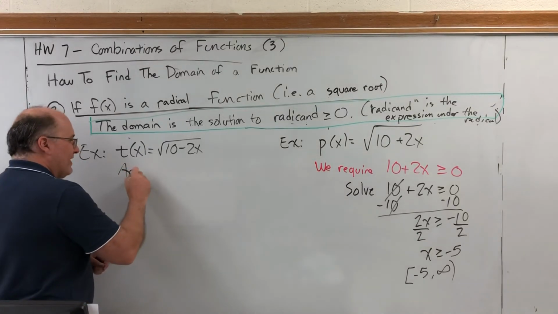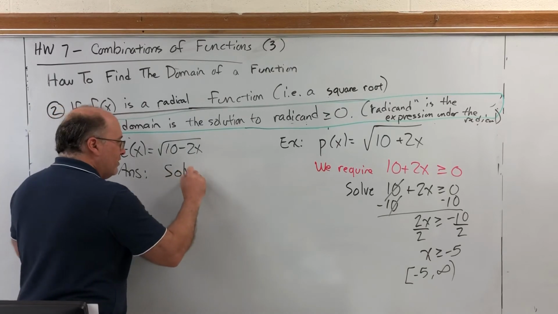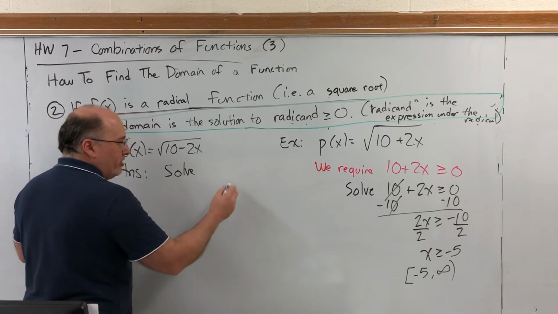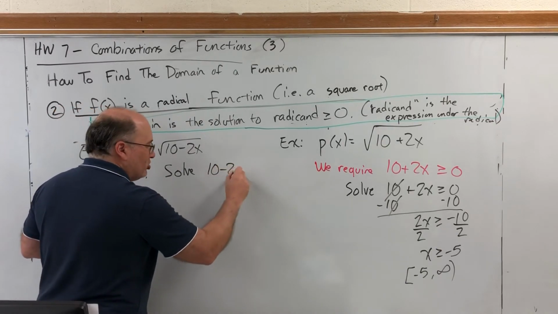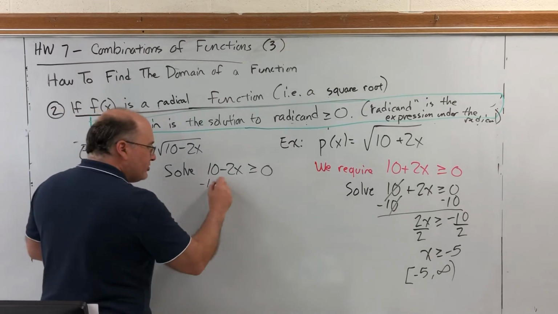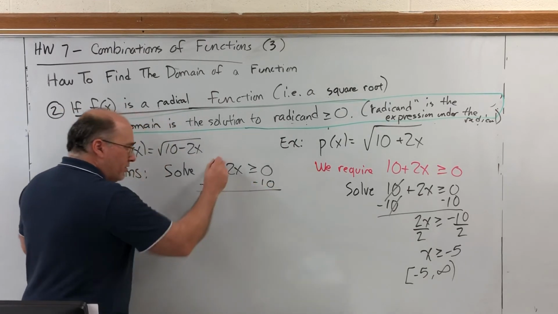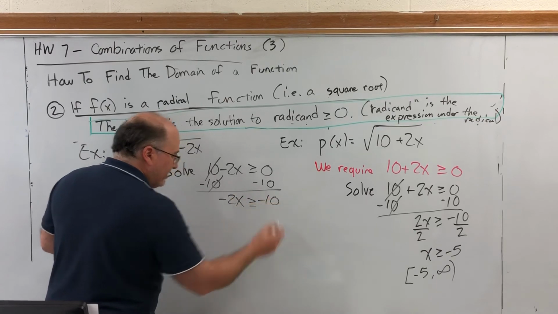If we want to find the domain of a square root function, just solve radicand greater than or equal to 0. In this problem, the radicand is 10 minus 2x. Subtract 10 from both sides, and we get negative 2x is greater than or equal to negative 10.